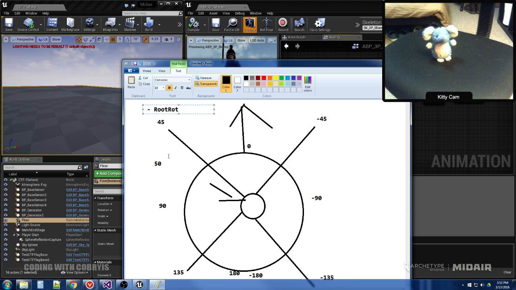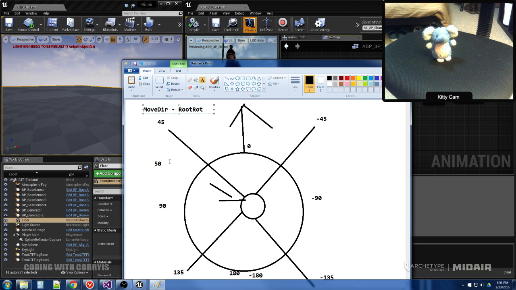Alright, so root rotation, we're doing move dir minus root rot. Alright, so here it makes sense, but let's do the negative side. I may not be thinking this through all the way.